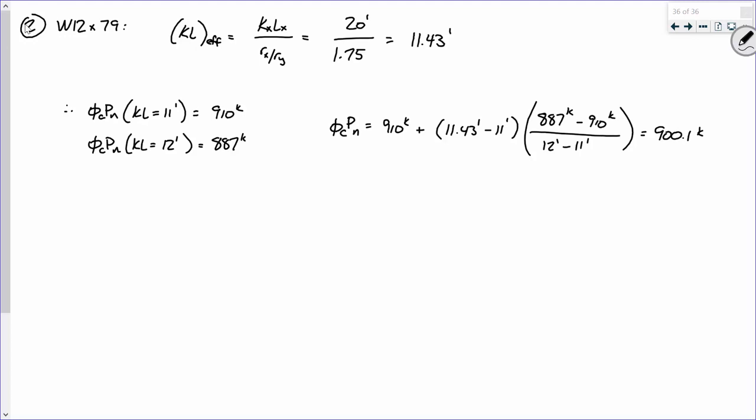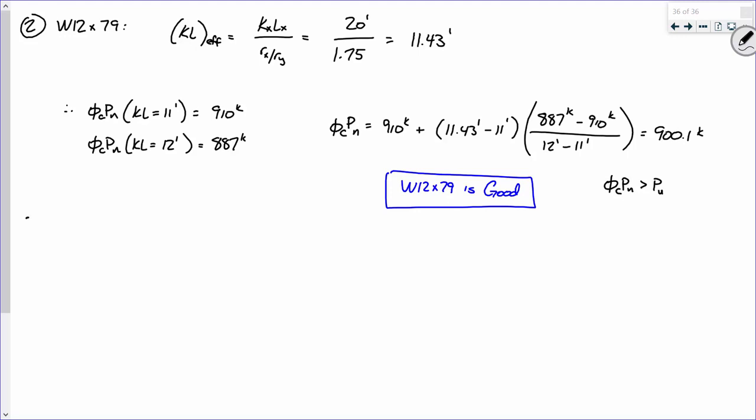All right, no. We're stopping that right now. Is this column good? Yes or no? Yes. All right, thank you. Okay, and the reason why this is good is because PPN is greater than PU.